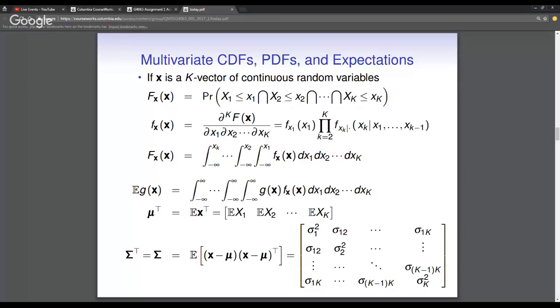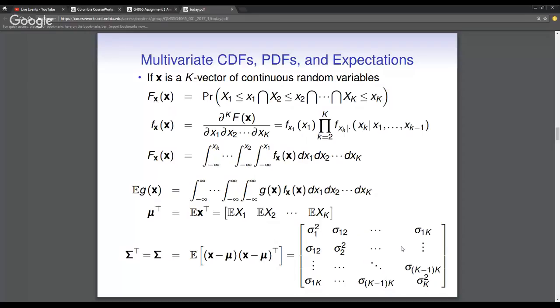We can generalize that to the k-variate case and put the covariance between all pairs of elements in the x vector into the triangles of a variance covariance matrix.